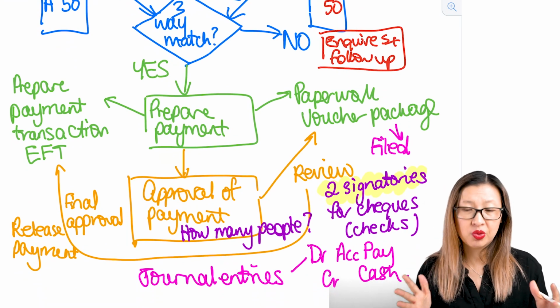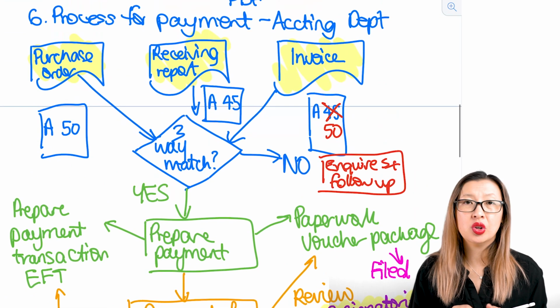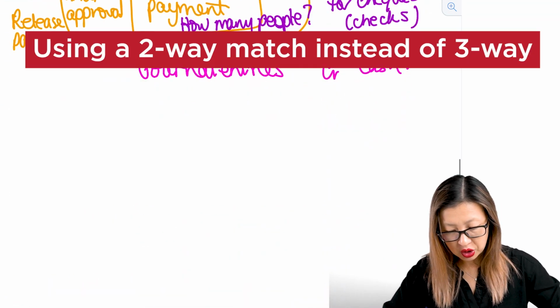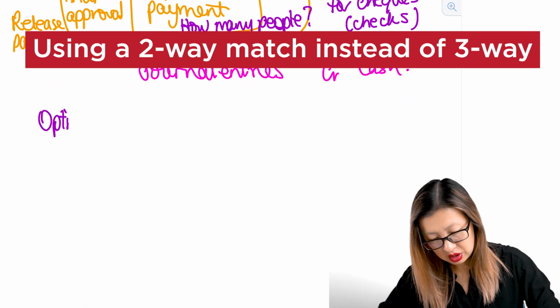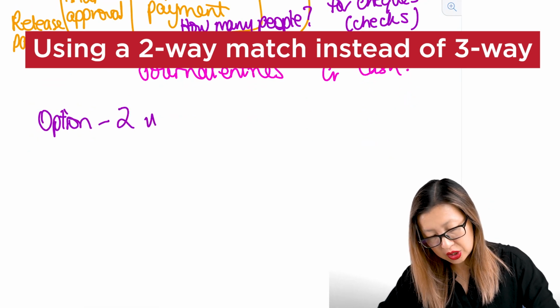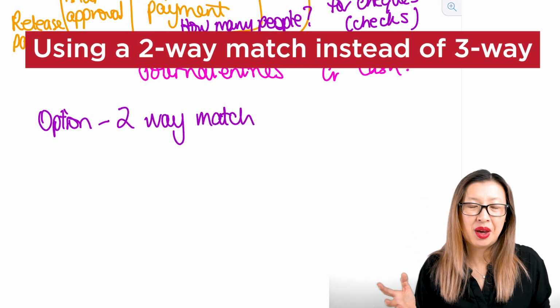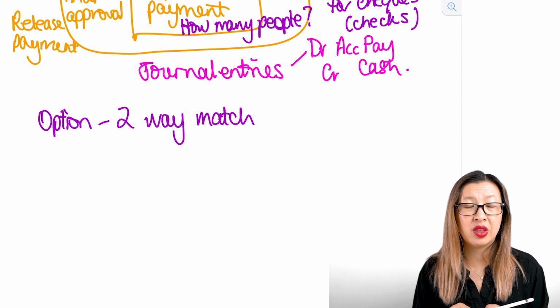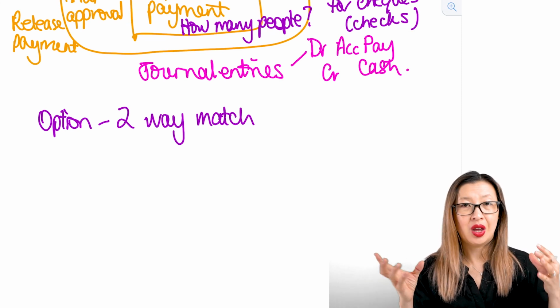Now, I do want to raise here one instance in which you might not use a three-way match. So there is the option for a two-way match. All right. Now, two-way matches typically happen in businesses where there are significant supply chains. All right. So they have an agreement.